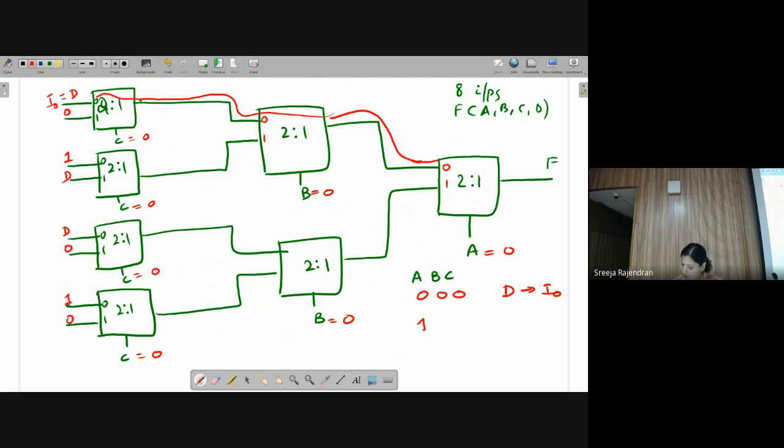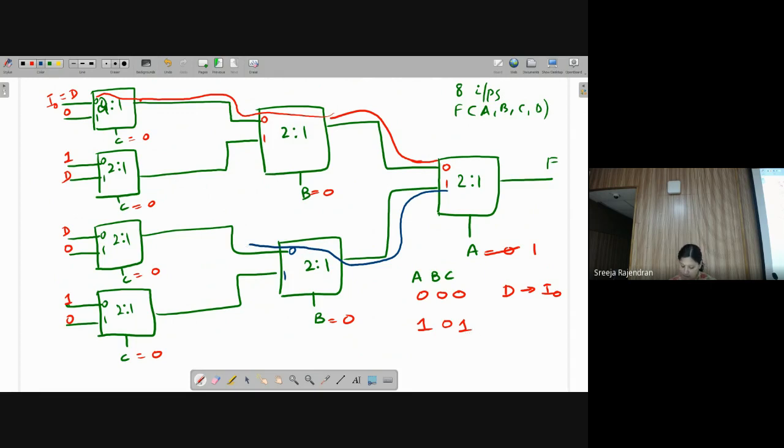Suppose if it is 1, 0, 0. Okay, A is 1 or 1, 0, 1. Let's take a different one. Suppose if it is 1, 0, 1. So 1, 0, 1 means now A is 1. A is 1 means this is the path chosen. B is 0. Okay, so I reached here, B is 0, this is 0, 1. So this path is chosen.